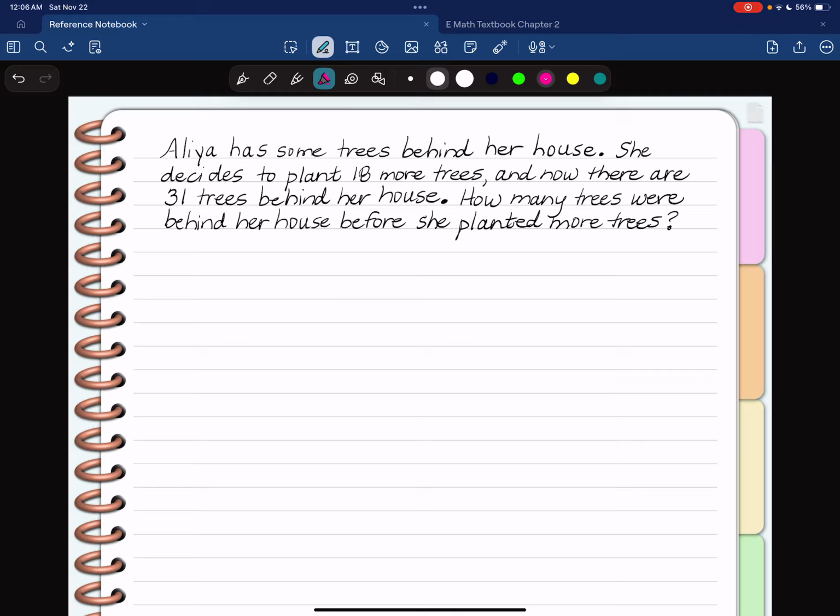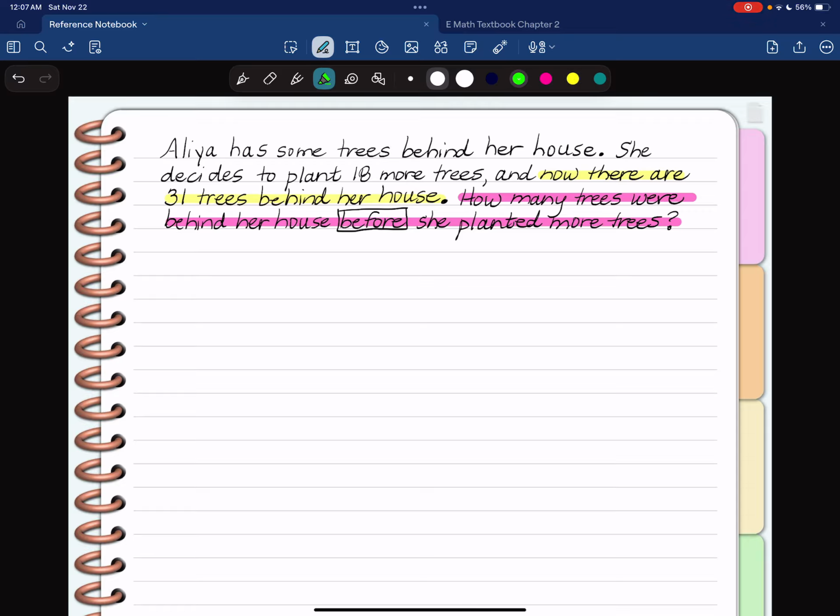So the question is, how many trees were behind her house before she planted more? So the key word here is before. We have some information. We know that now there are 31 trees behind her house.